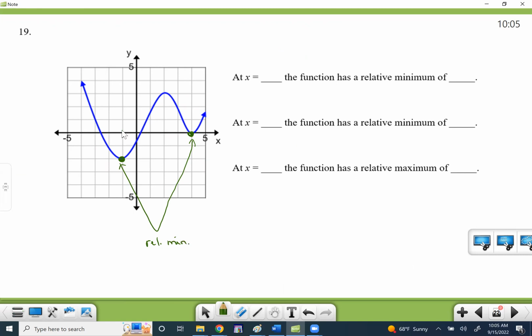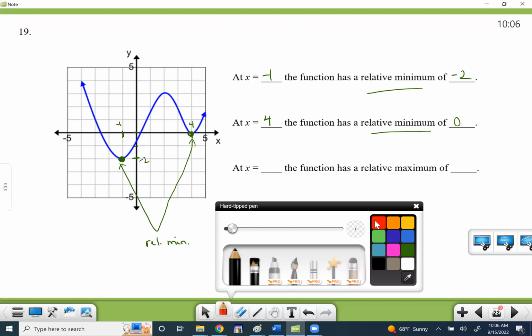There's an X value of -1, and this one looks like an X value of 4. So these are relative mins. Now let's get their Y values. At -1, it looks like the Y value is -2. At 4, the Y value goes back to being 0.